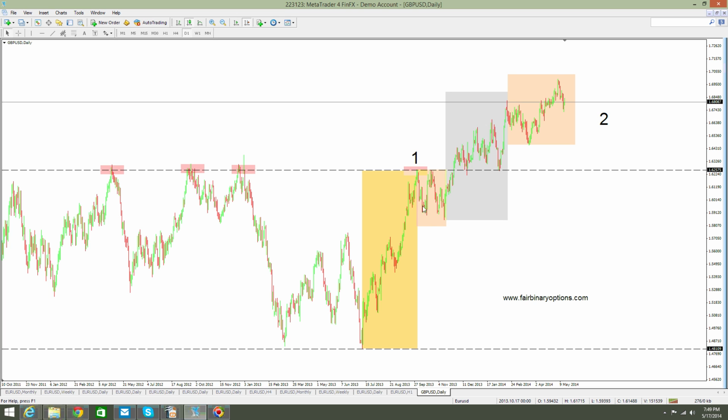So three corrective waves, the first correction, X wave, the second correction to follow. Usually the second correction goes in the form of a contracting triangle. In this case it is a running variation of a contracting triangle, and I would say that by the time this one ends, let's say the US dollar bulls will have a surprise.